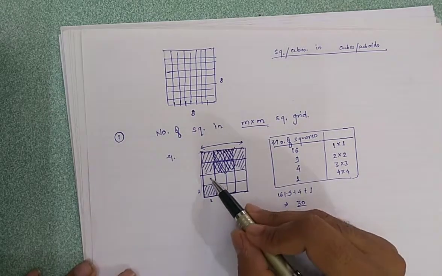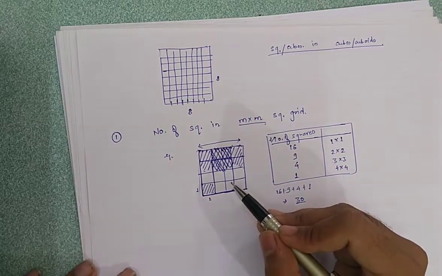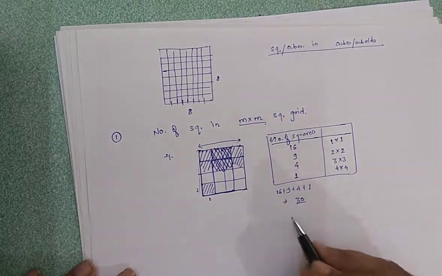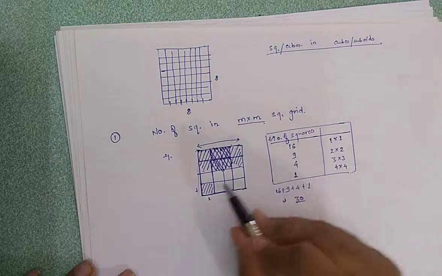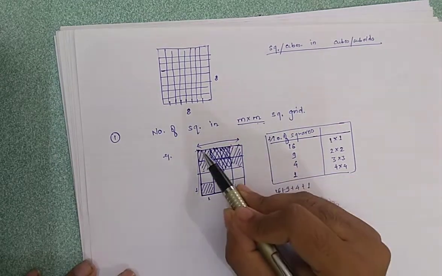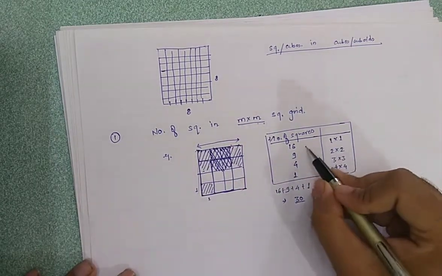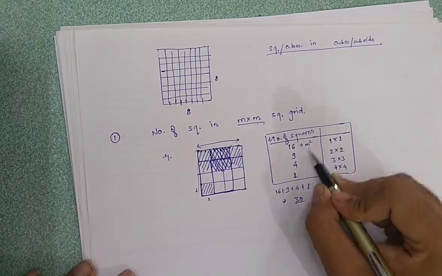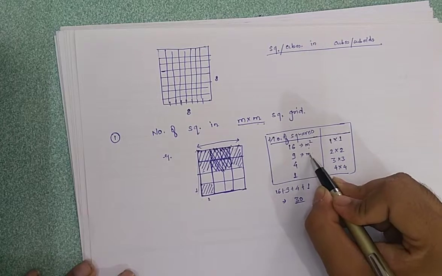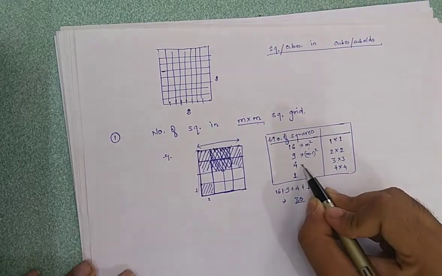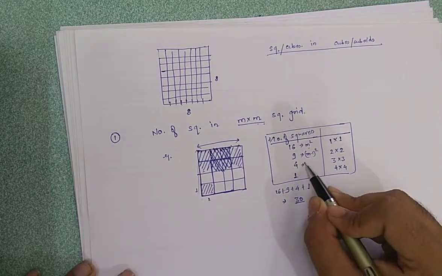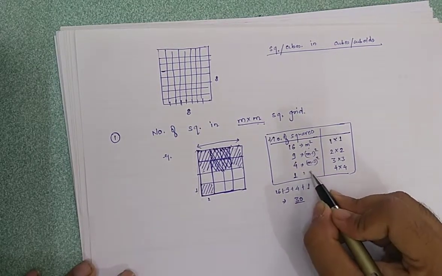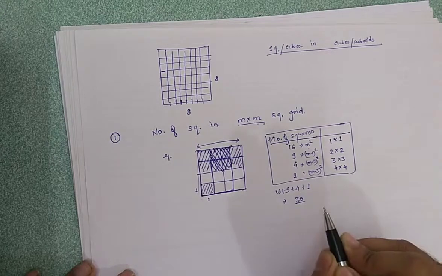But what happens if we have a bigger grid? Let's take a grid like 8 into 8. Is there a generalized formula for this? So when we have an m into m grid, m is 4 over here. 16 can be written as m square. 9 can be written as m minus 1 whole square. 4 can be written as 4 minus 2 whole square, that means m minus 2 whole square. 1 can be written as m minus 3 whole square.